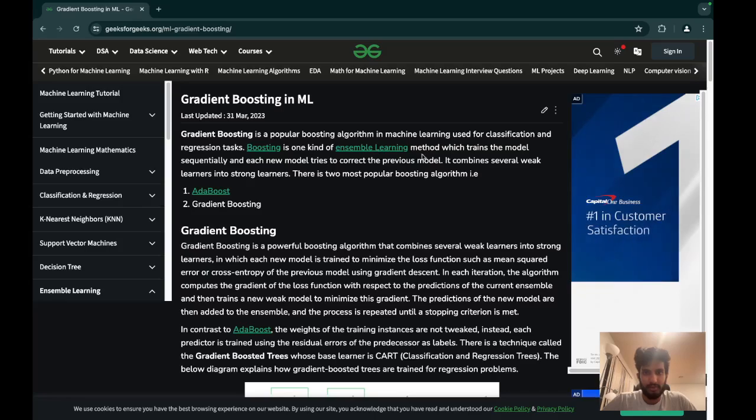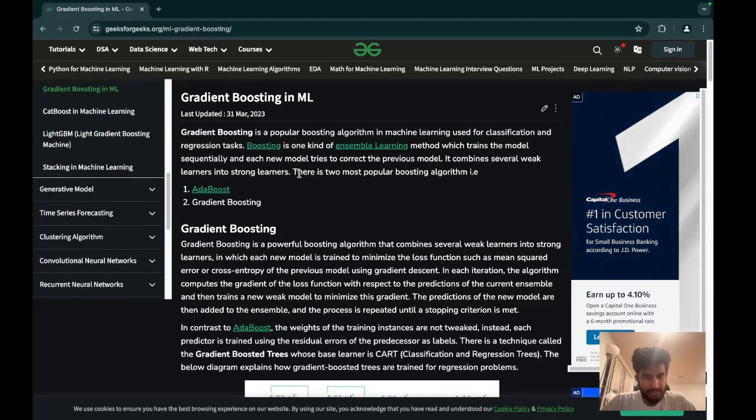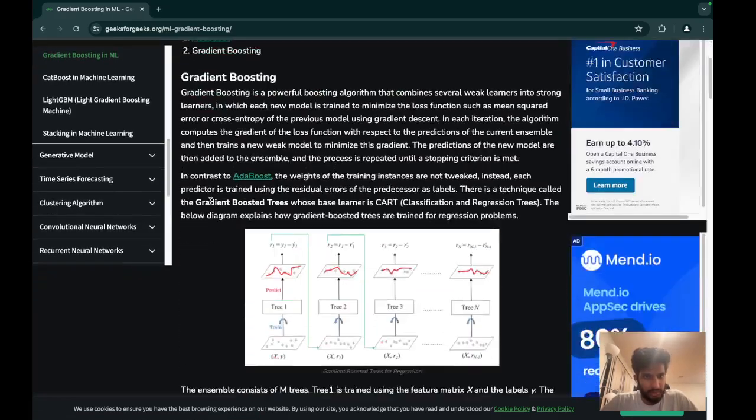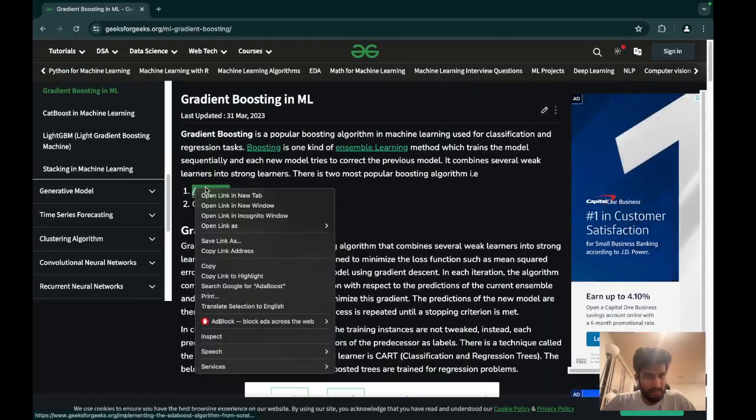Boosting is an ensemble learning method which trains the model sequentially, and each new model tries to correct the previous model. Okay, it combines several weak learners into strong learners. There are two most popular boosting algorithms, that is AdaBoost and gradient boosting. So here we talk about gradient boosting.